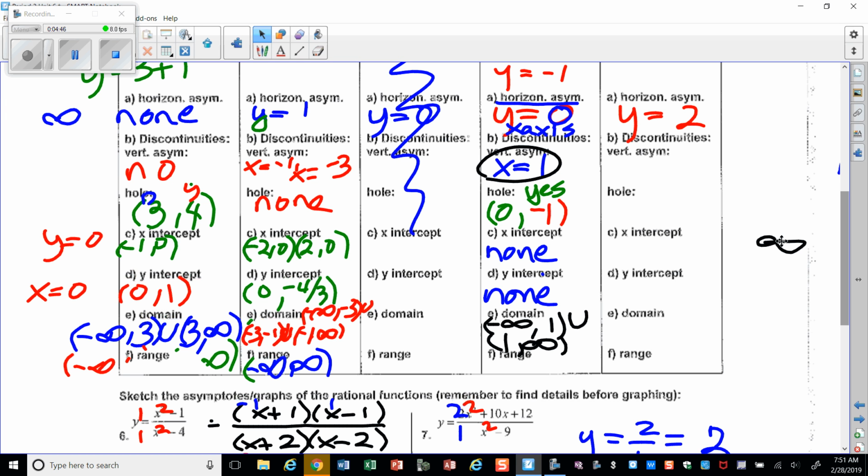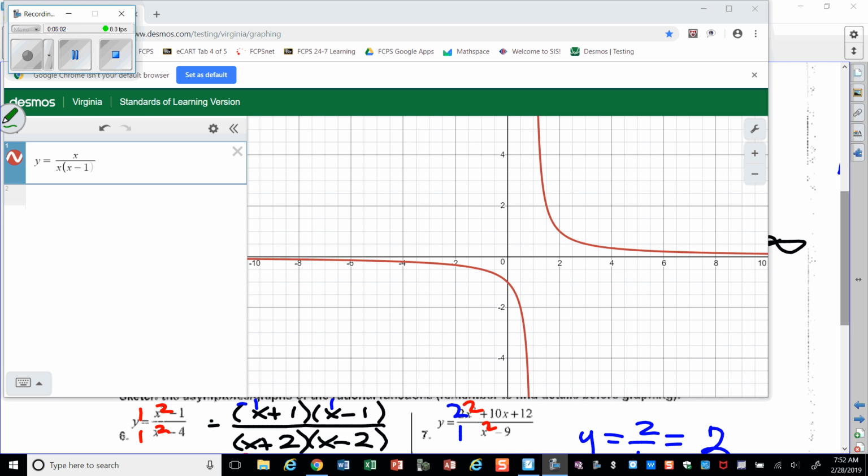If I'm looking at the range, I'm looking at the horizontal asymptote. And we said here it never crosses the x-axis. So my range is going to be starting at the bottom. Range is the y, so I start down here at negative infinity, and my function goes up until I get to 0. So it will be negative infinity to 0. Those are my y values there.